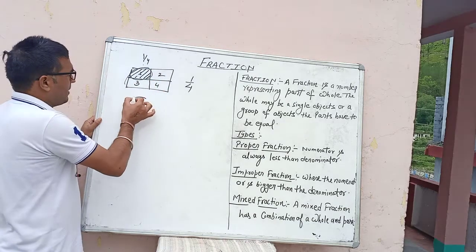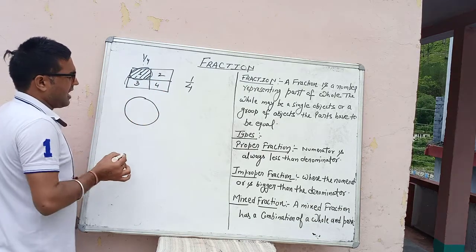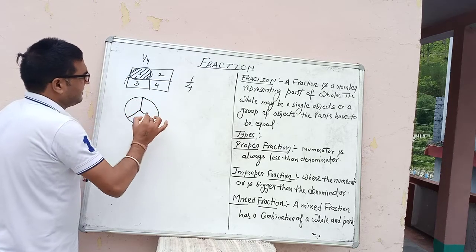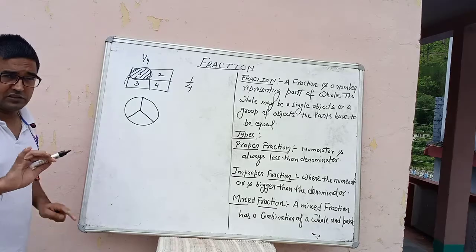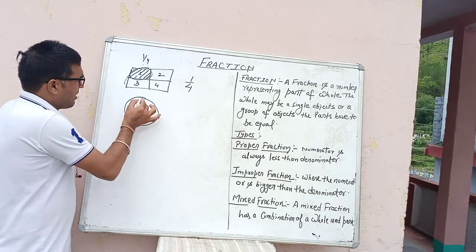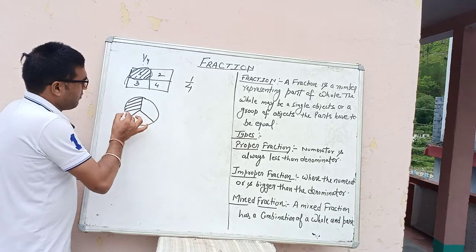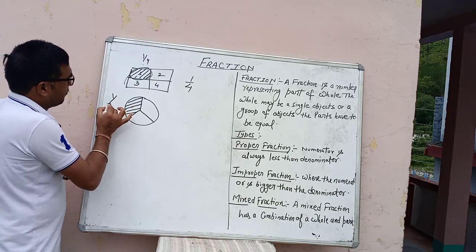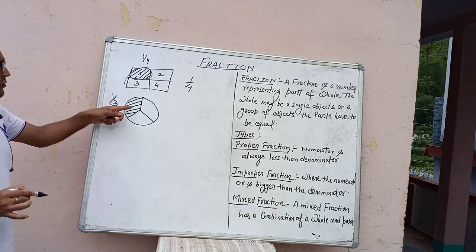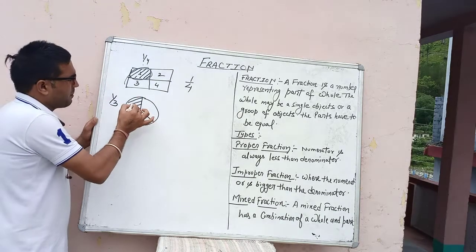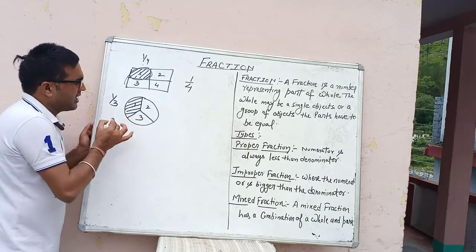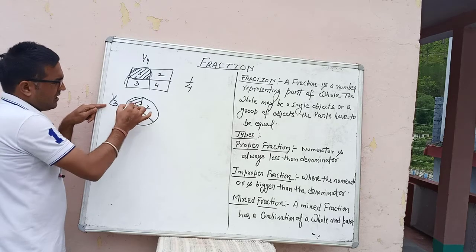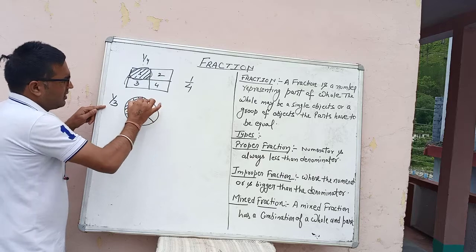For example, we have this, and now we want to divide it into three parts. Now we can say this part is 1/3. Why is this 1/3? The total number of parts you have is 1, 2, 3. The shaded part is 1/3.